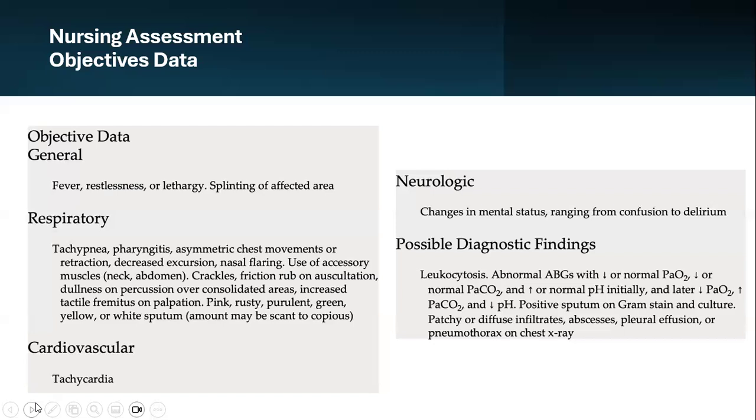Maybe you can find positive sputum on gram stain and culture. And also, you may see patchy or diffuse infiltrates, abscess, maybe pleural effusion on chest x-ray. So it is really important for you to understand and to look at the diagnostic findings that the patient has in their medical record.